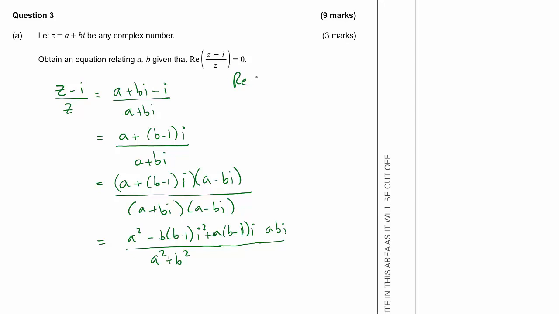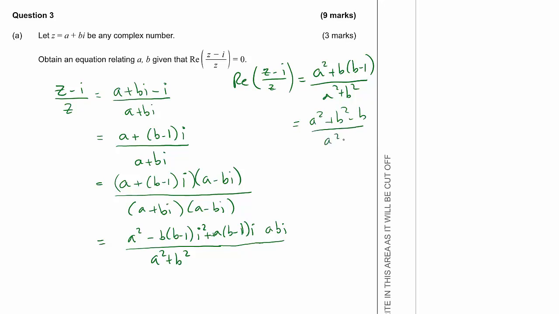So the real part of z minus i over z is going to be a squared. Now i squared is negative 1, so it will be plus (b minus 1) over a squared plus b squared. So that's going to be a squared plus b squared minus b over a squared plus b squared.